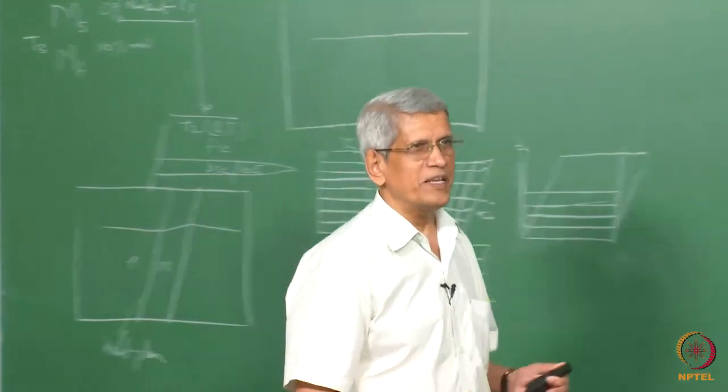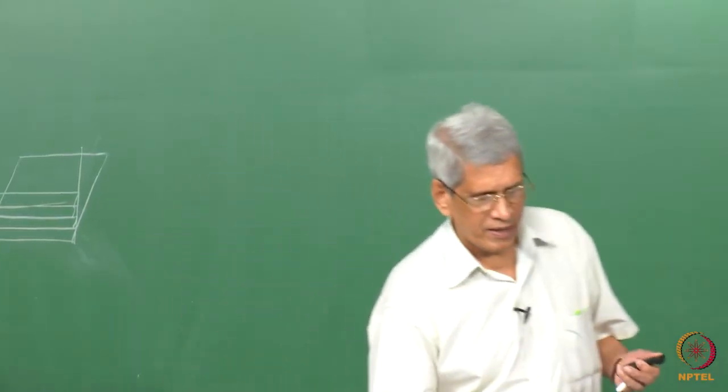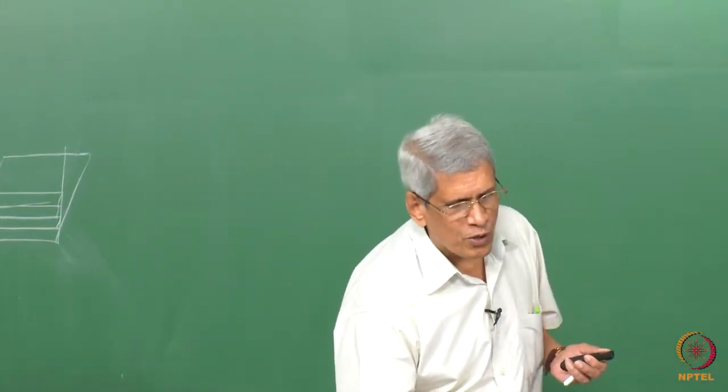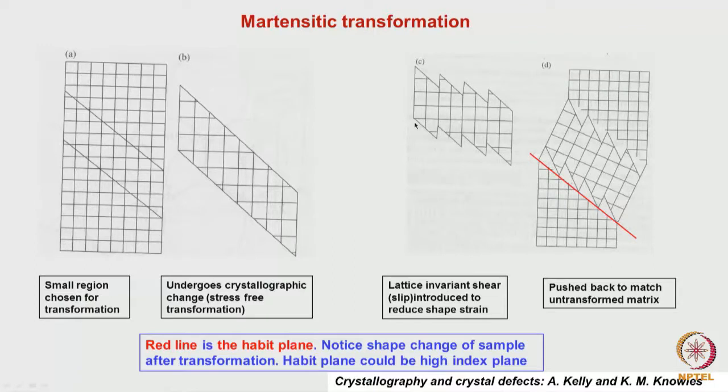So, the only way it can happen is that you just rotate this as such, so that it matches with this shape, and try to fit it at this interface where it has been cut, which is the habit plane. Then it is in a rotated shape. The other portion is also connected like this, because when it was initially cut, it was connected parallel to these two lines.